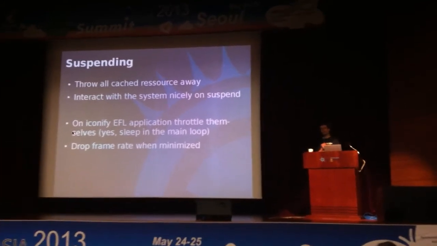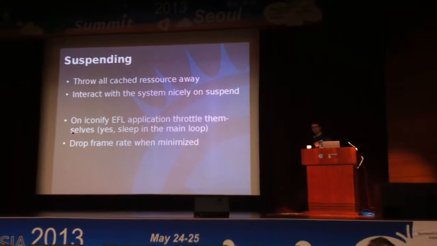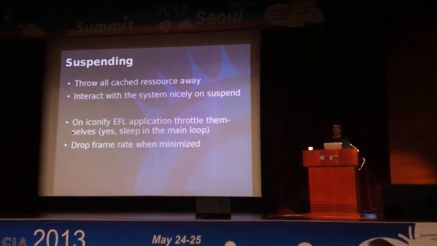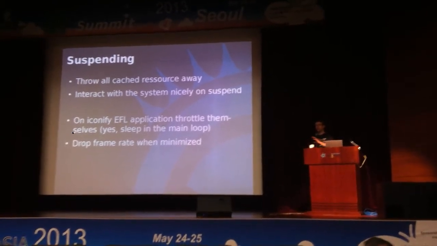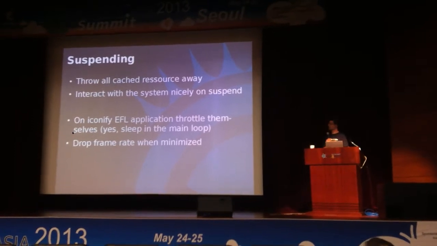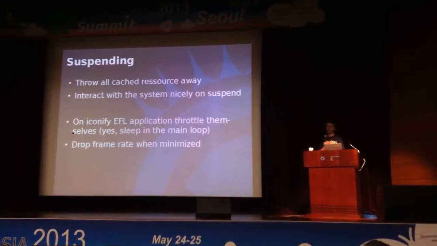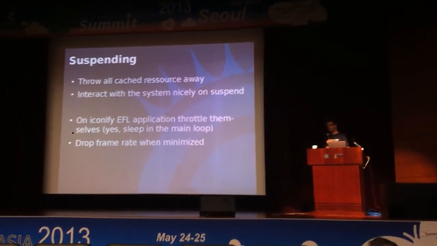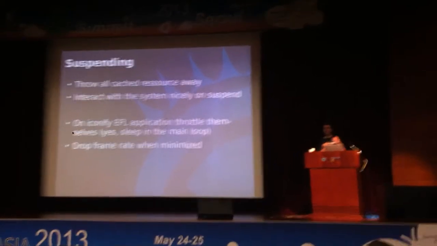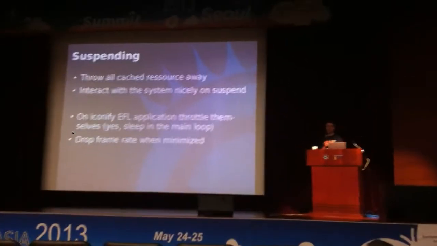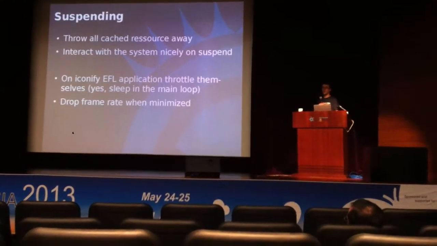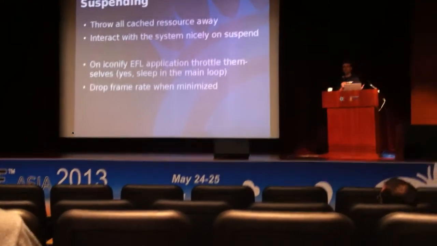The problem is that you need cooperation with the window manager and the composite manager for that. So in the end we also need a standard between applications so that we can share this kind of information. We need the window manager to wake up the application by sending a signal so that it stops sleeping when it's focused.